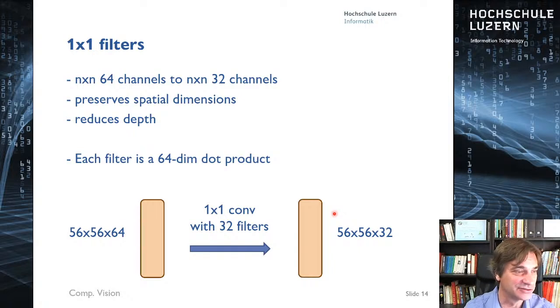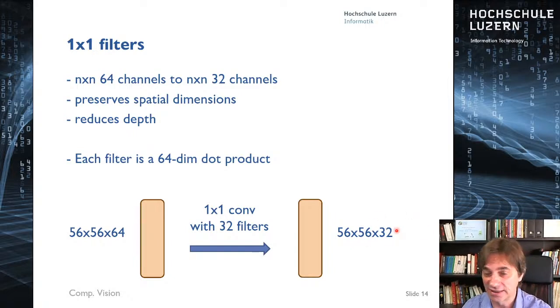Again, those bottleneck steps are 1x1 filters that go from a higher number of channels to a lower number of channels. For example, the image at that stage during processing would be 56 by 56 by 64 channels. Then you have a 1x1 convolution with 32 filters, and as a result you have the image of the same size but with another number of channels.